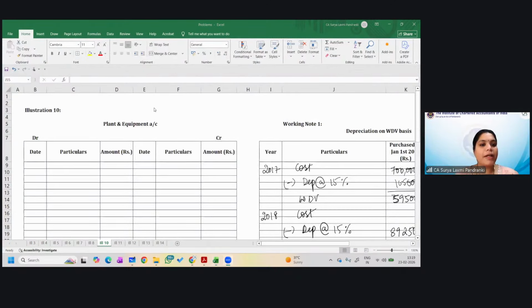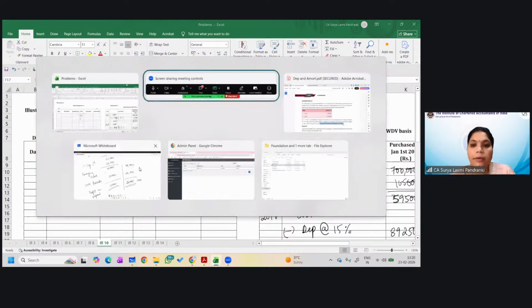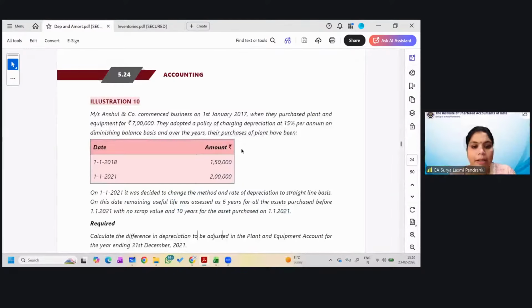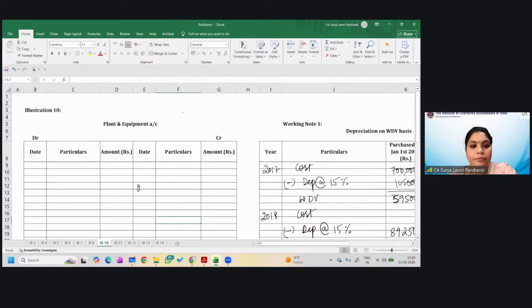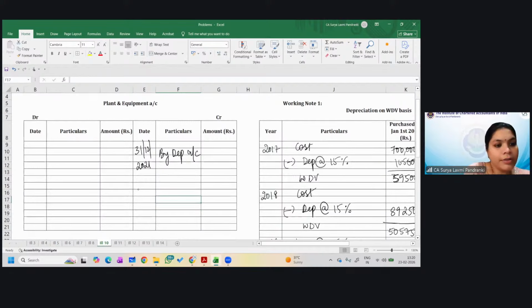So how will you do this plant and equipment account? Very simply, 31st March, what current date? December, I think, yes. 31st December 2021 by depreciation account, correct?